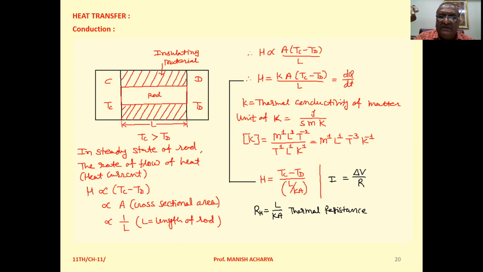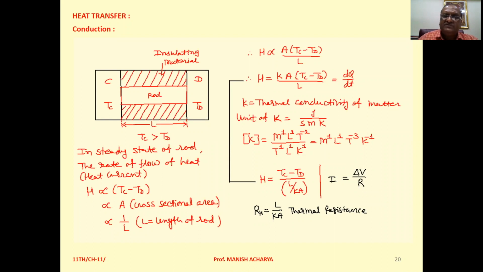Now we have three states of the substance, or matter: solid state, liquid state, and gaseous state. Okay. Now in these different states, the heat transfer takes place by different modes.